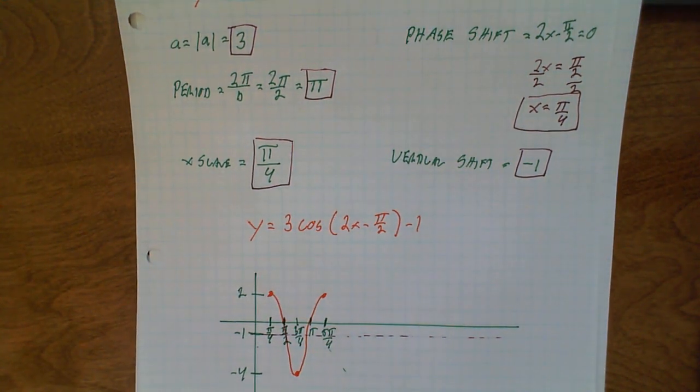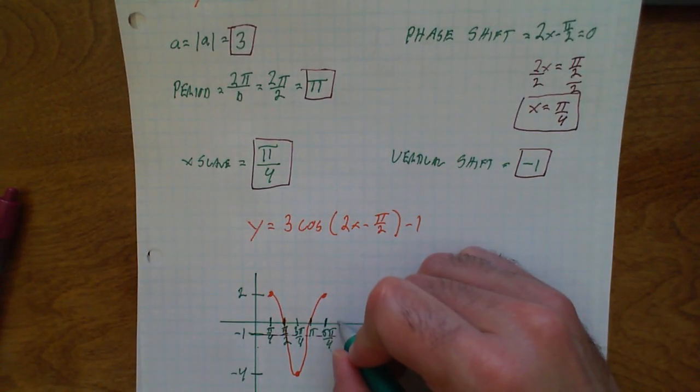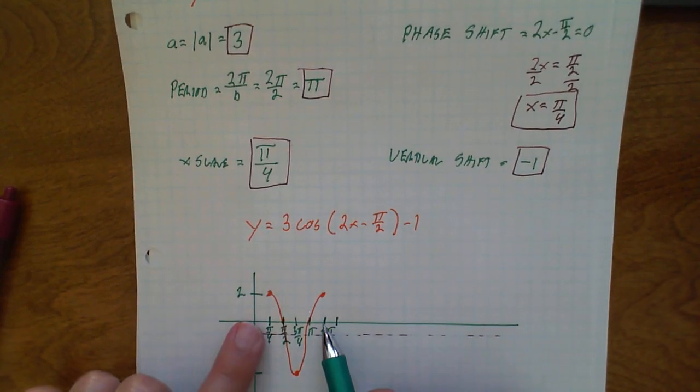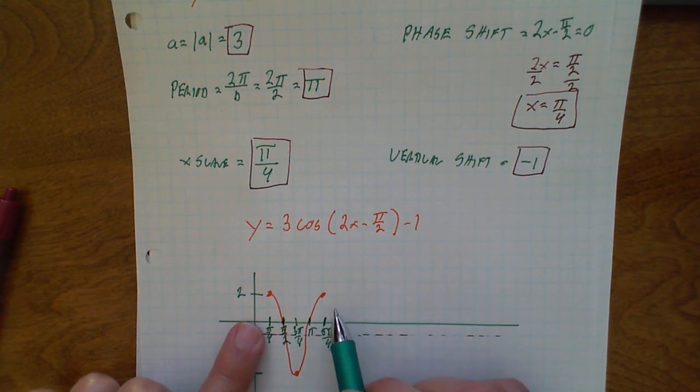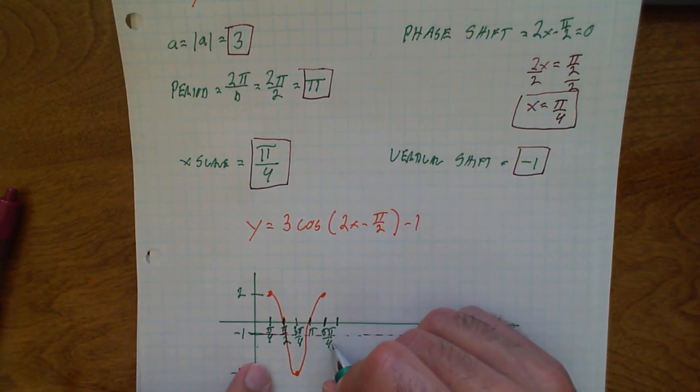Now, keep on going to get another period. So that's going to be 5 pi over 4. This will be 6 pi over 4. Now let's do our next 5. So that's one period. You get 5 points to go around a period. Let's do another 5 points, right? Our scale says add pi over 4.